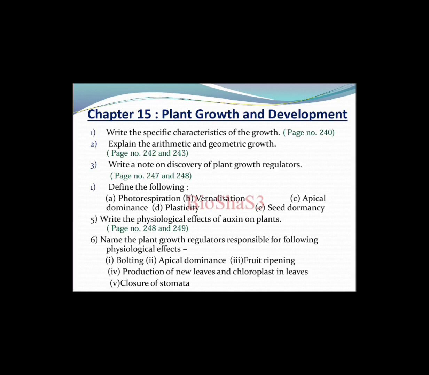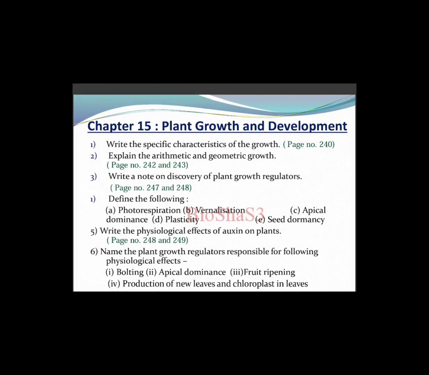Next, name the plant growth regulator responsible for the following physiological effects, like bolting, apical dominance, fruit ripening, production of new leaves and chloroplasts in leaves, and closure of stomata. 5 hormones are there, and each hormone has a specific physiological effect. This is the question you have to study. Okay.